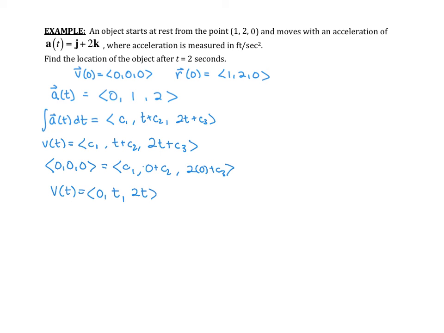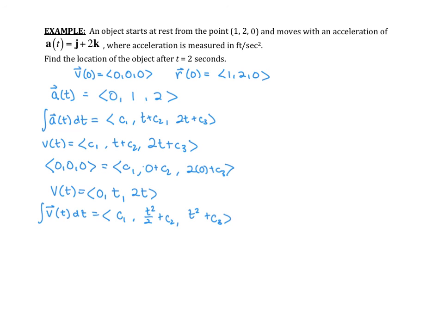Okay. Now we need to go backwards again because I need to find the position vector. So I'm going to take the antiderivative of this velocity vector, and I'm going to get C1 again. Well, it's a different C1. C1, t squared over 2 plus C2, and then t squared plus C3.